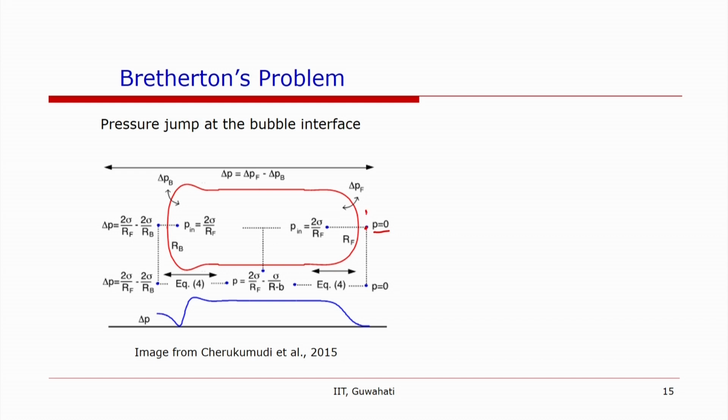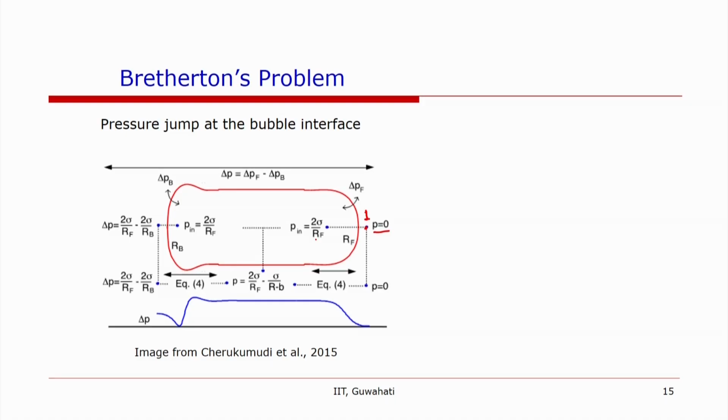If the pressure at this point, let us call this point 1, is 0, then by the Young-Laplace equation, a sphere will have a radius r, and the pressure difference across a sphere will be 2 sigma by r. So if the radius of curvature at the front is Rf, then the pressure in the bubble near the bubble front is 2 sigma over Rf.